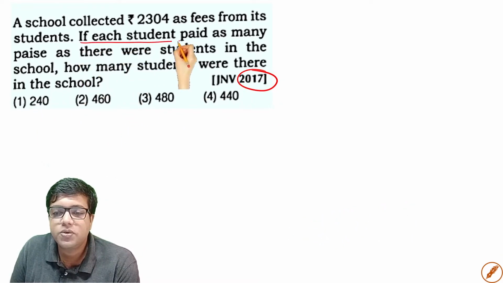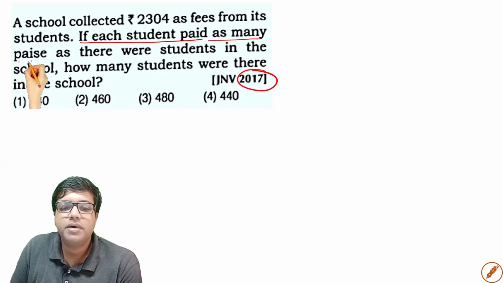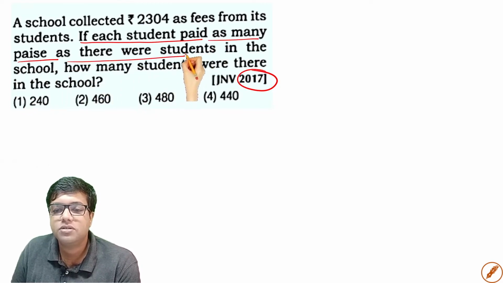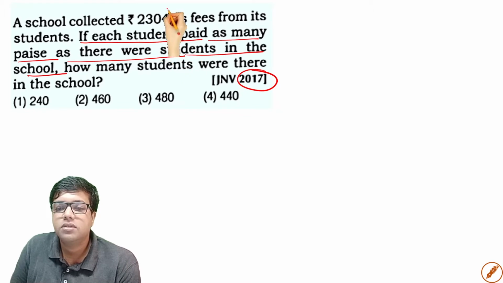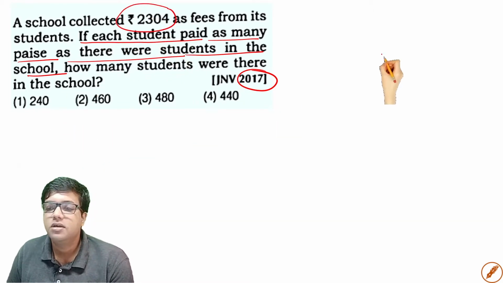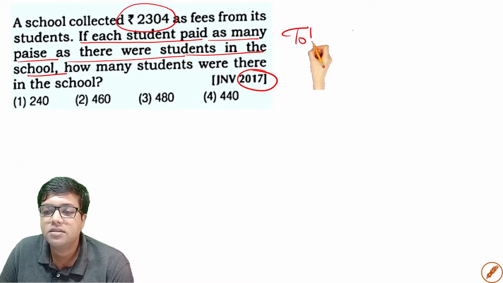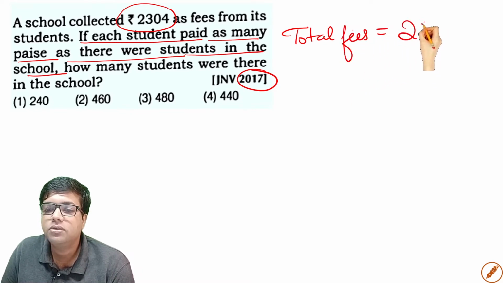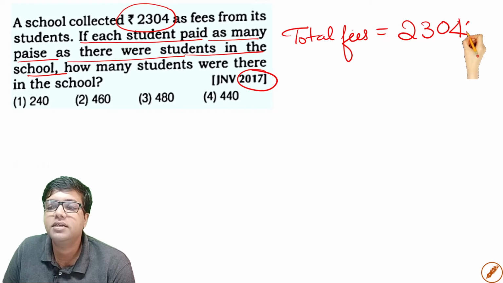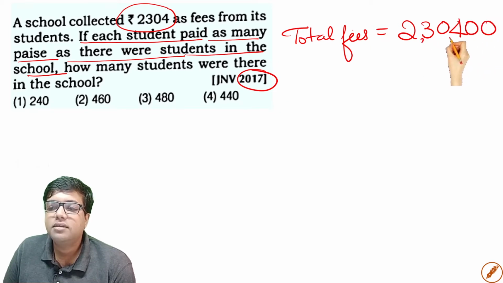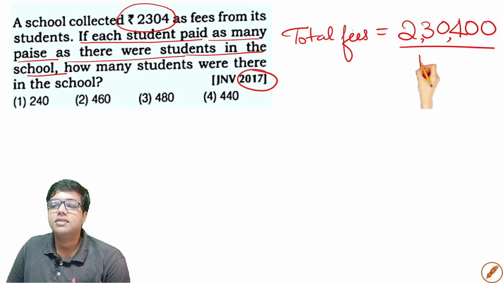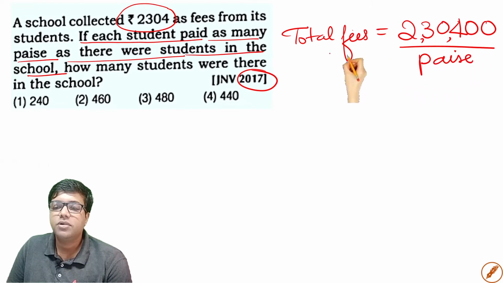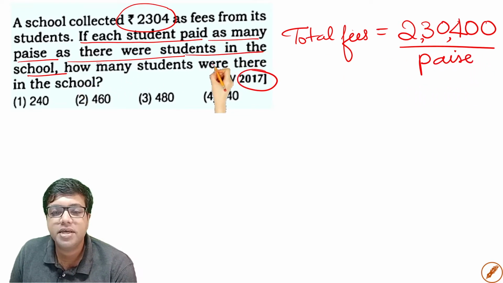The given amount is in rupees. Therefore, the total fees paid by the students is not 2,304 rupees, but 2,30,400 paise, because all the students are paying it in paise, right?